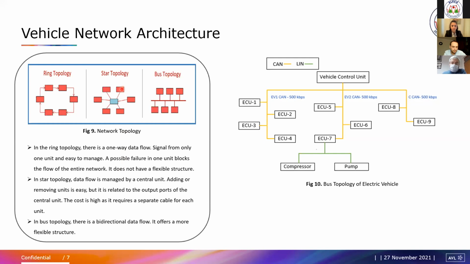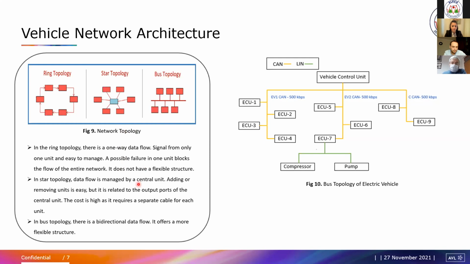Adding or removing control units is very easy with this type of topology. The main disadvantage is the cost, because there are more cables than in the other topologies, and this is not a good option for the manufacturer when it increases the cost.